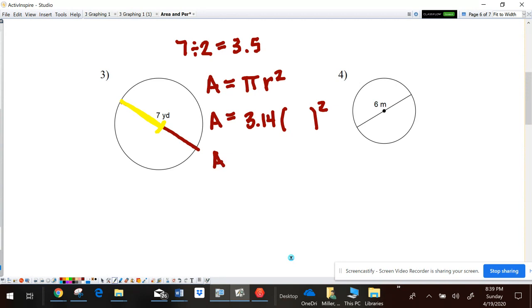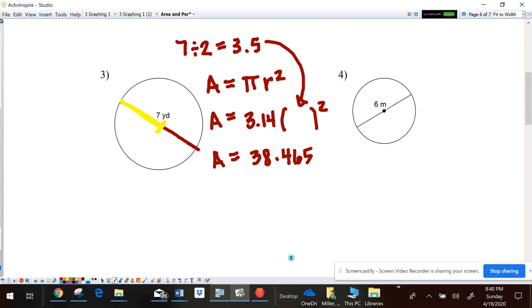Area equals, I want you guys to plug in the 3.14 and tell me what the answer is. Should have gotten 38.465.